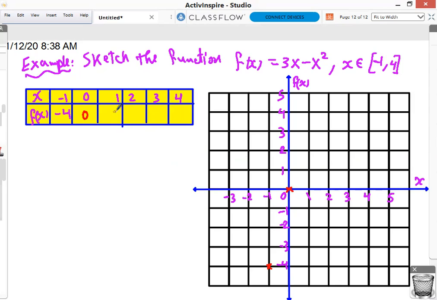What about 1? What about 2? 3. Very good. 0. What about 4?